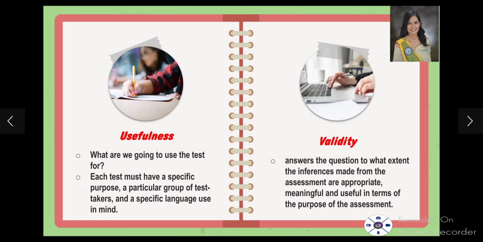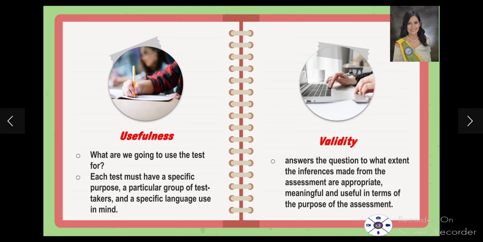For example, teaching writing as a process but assessing only the product means it doesn't have construct validity. The last one is the face validity. The test looks as if it measures what it is supposed to measure. So it should look professional.